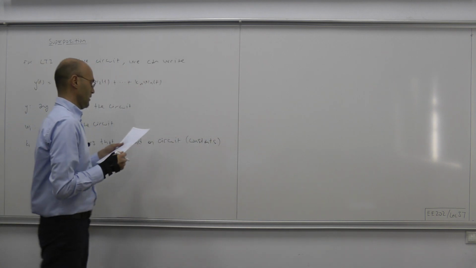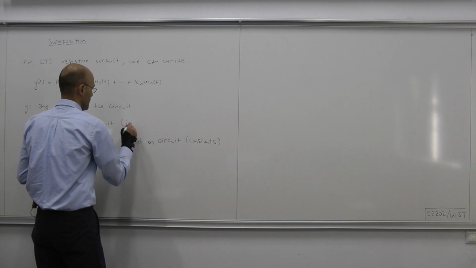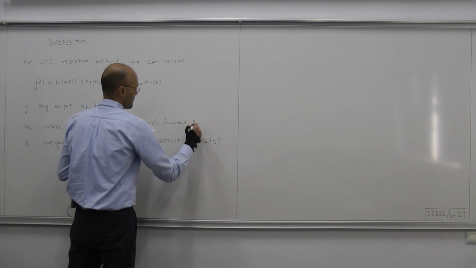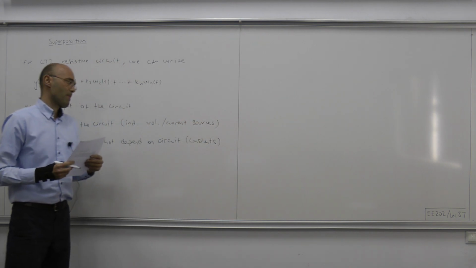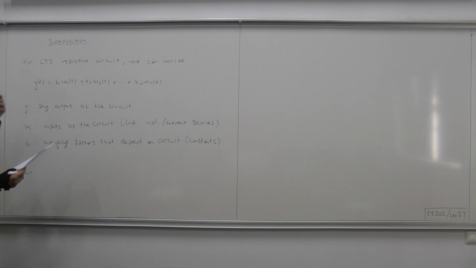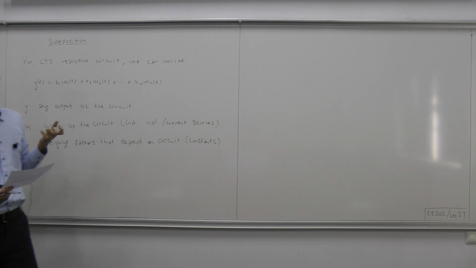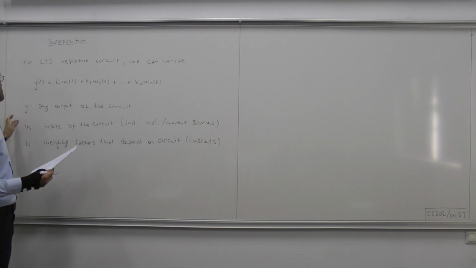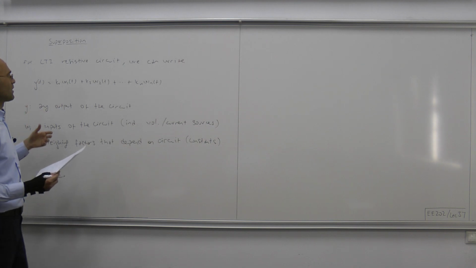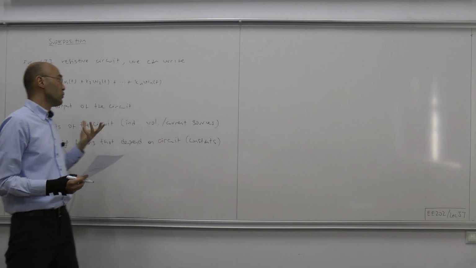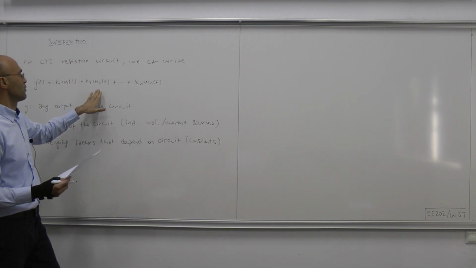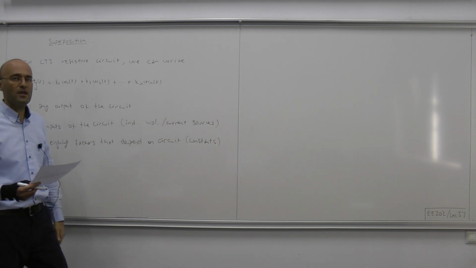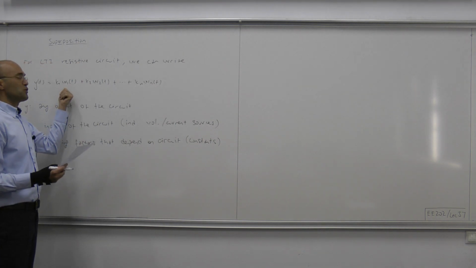Okay, so the inputs are the independent voltage or current sources. Now, this linearity property allowed us to use the principle of superposition, through which we can, for instance, kill all the sources from W2 to Wn, and figure out the component of the output due to the first source.